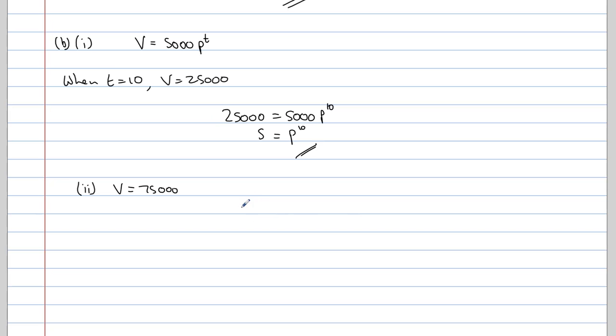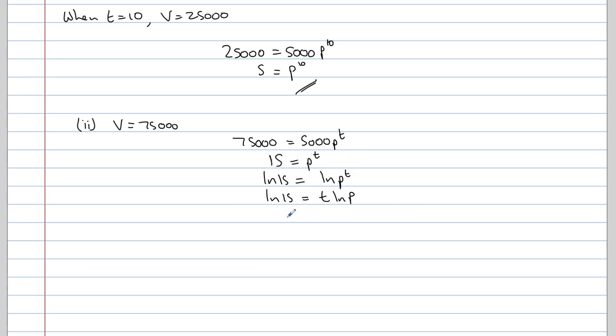I'm just going to set 75,000 equal to 5,000 P to the power T. 5,000 goes into 75,000 15 times, so we end up with 15 equals P to the power T. Taking logs of both sides, we get log 15 equals log P to the T, and using the power law to bring the T outside the log, we get log 15 equals T log P. Rearranging this gives us T equals log 15 over log P.